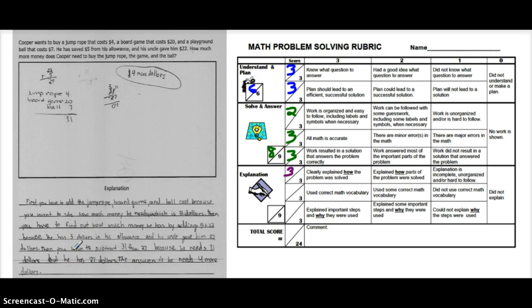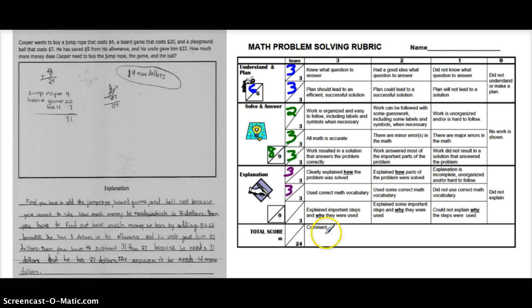So they aren't just saying you're going to do 31 plus minus 27 and you end up with 4. They're using the math words like dollars, subtracting, adding in order to explain the problem. So this one would be a 3. Some problems don't really allow themselves to use that correct math vocabulary. And again, if they aren't doing an explanation, they end up with a 0 in this section.